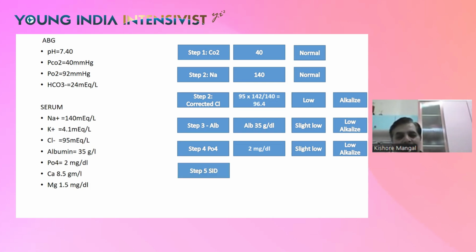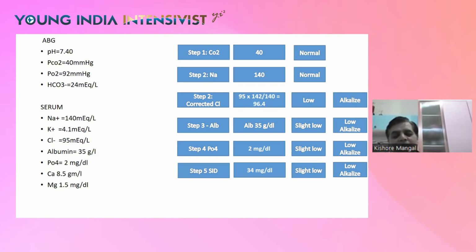Let's see the next step. The next step is to calculate the SID. SID is equal to bicarbonate plus albumin converted into milliequivalent per liter and phosphorus converted into milliequivalent per liter. I've already done the calculation and it comes out to be 34. It is also slightly low, which is expected because two components are slightly low. So this is also causing a little alkalizing effect. The last step is to check the strong ion gap.